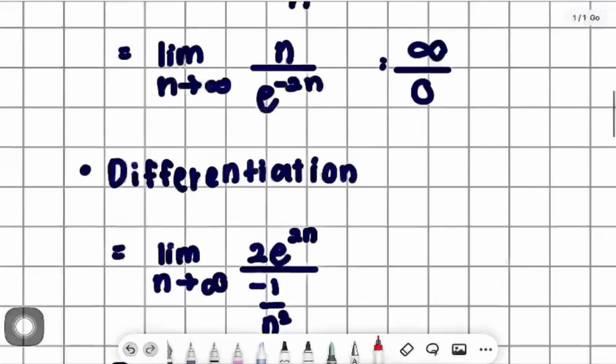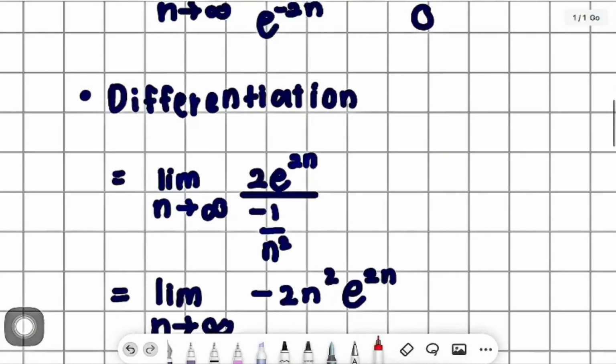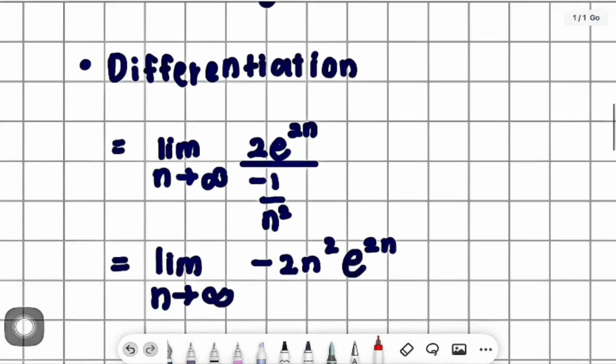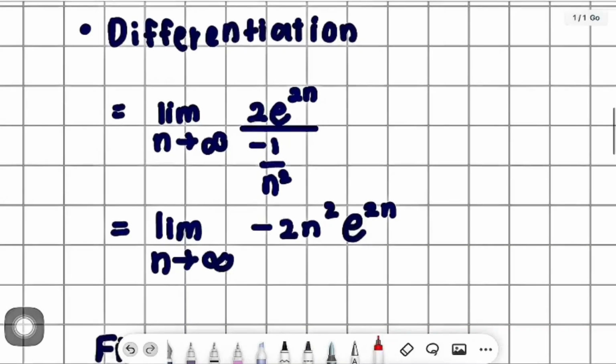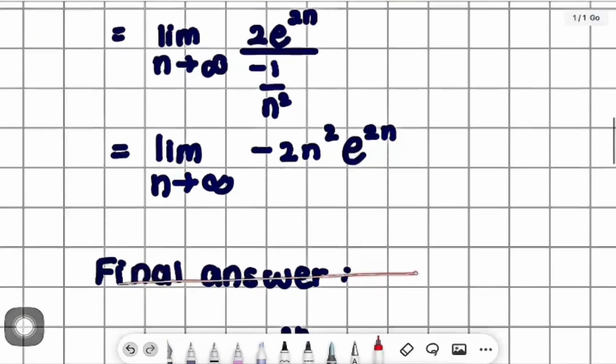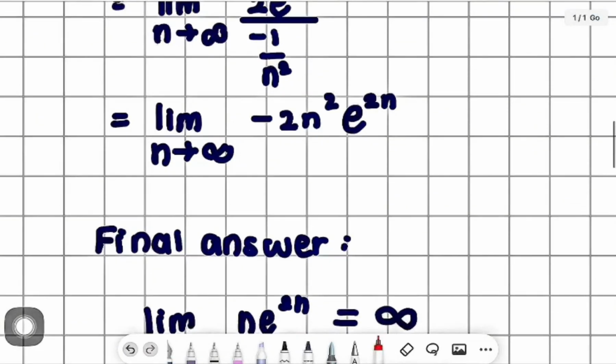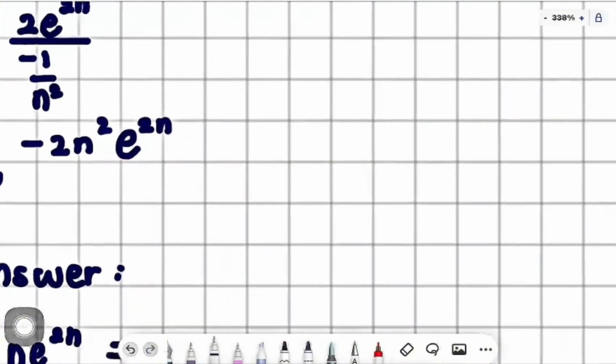Then we differentiate using the L'Hopital step. We just differentiate like this. The limit as n approaches infinity of 2e to the power of 2n divided by negative 1 over n to the power of 2, and then we can get this answer. We can combine them like this.